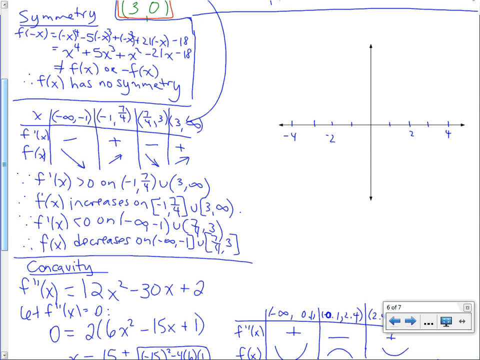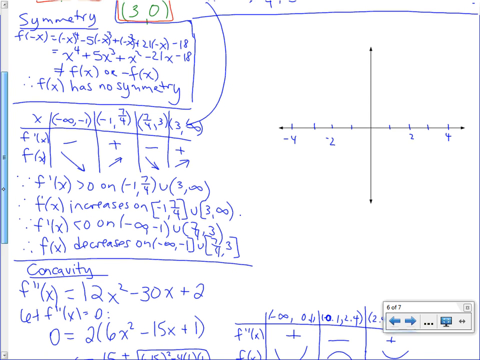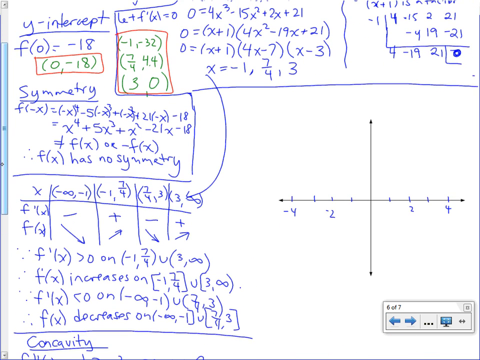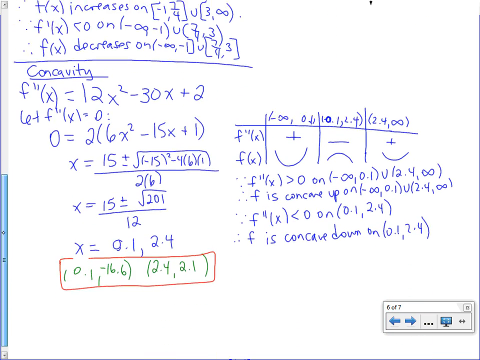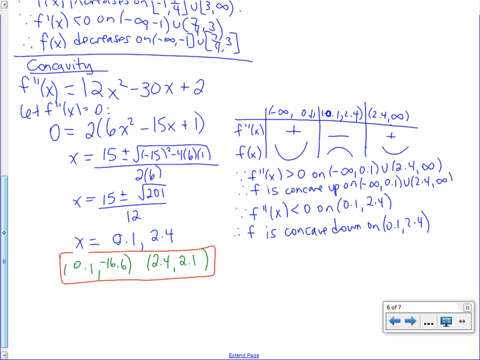In terms of my vertical axis, I'm looking at all the y values I need to worry about. When I did my critical points, one of them was -32, so I need to be able to at least fit -32. Everything else is closer to the y-axis, -16, so I need to at least be able to fit 32.